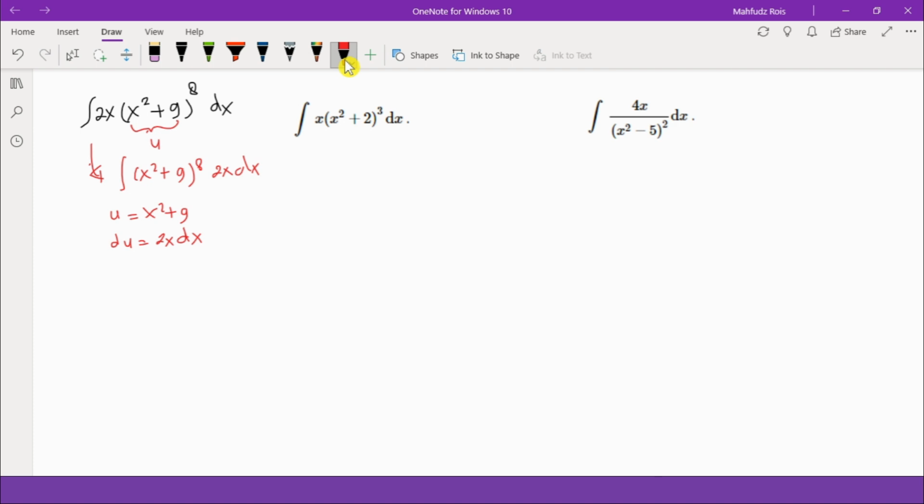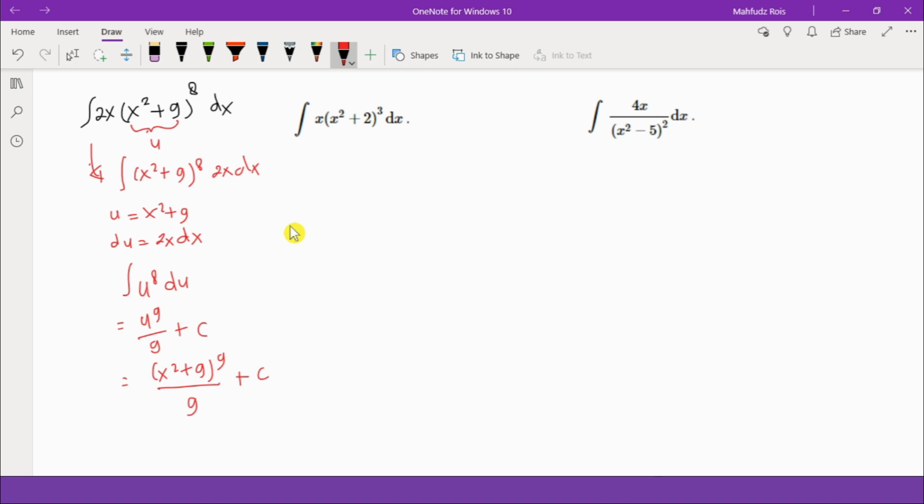So here will be the integral of u to the 8th du, and then it will be u to the 9th over 9 plus c. So in the end we have (x squared plus 9) to the 9th power over 9 plus c.